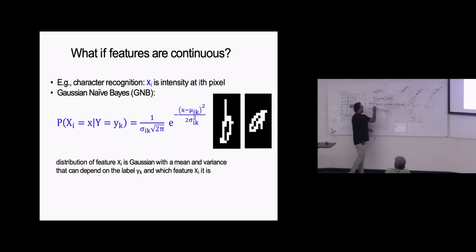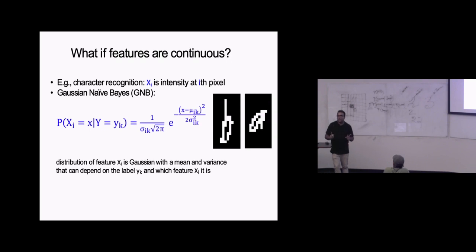So now, can we estimate this from the training data set? We make an assumption that this probability follows a Gaussian distribution. How do you characterize a Gaussian distribution? What are the parameters? Mean and variance. How many of you know what a Gaussian distribution is?